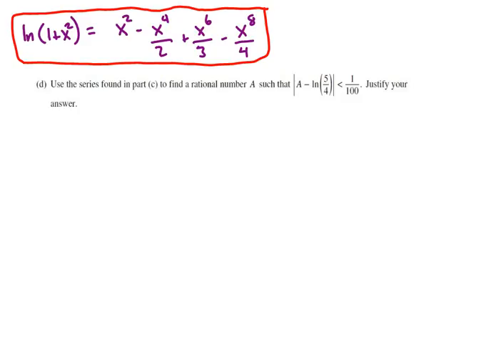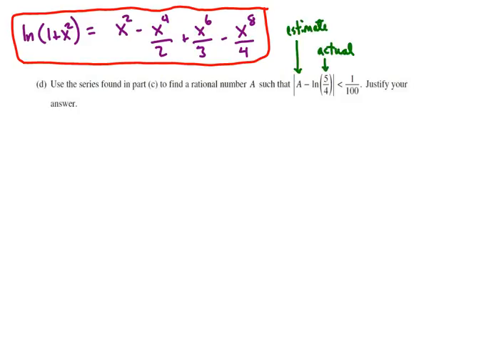So if that's the case here, we need to identify which of these is the actual. Now, since we were working with ln of something, you might see that ln of 5 over 4, because we would have no way to really estimate that, would be an actual value. Ln of 5 over 4, we have to somehow fit it into that ln of 1 plus x squared that we've been working with.